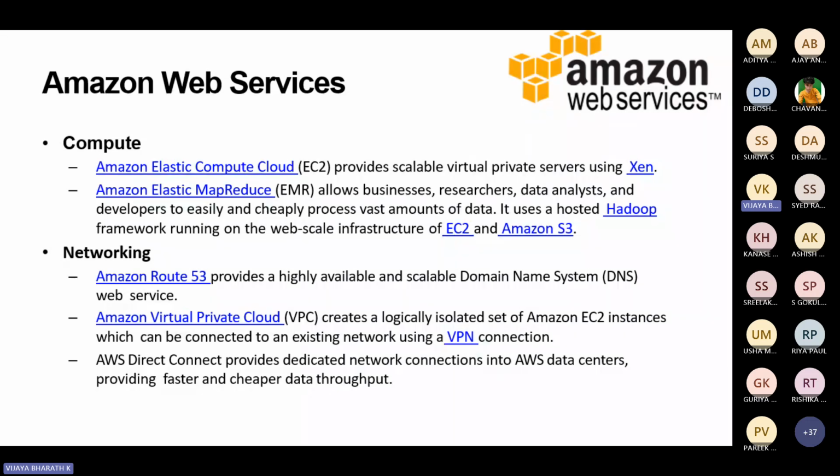Let's say I have Hathway internet at my home, and through that I browse and access those services. Whereas if you want to reduce the delay, the internet providers have direct connections to each and every city. Let's say if I am in Chennai or Bangalore, there is a location where Amazon's data center itself provides direct connectivity through our internet provider. That can be done by AWS Direct Connect.